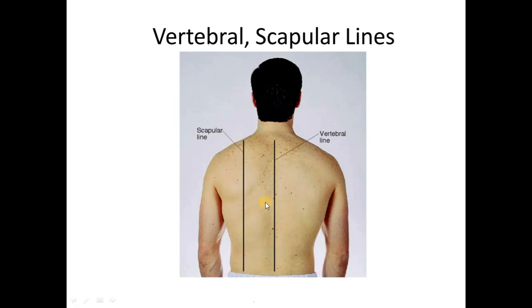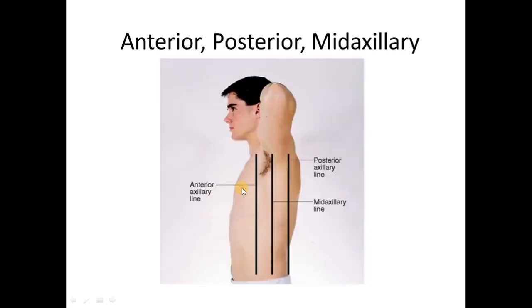In the back we have the vertebral line that crosses the center of the vertebra, and the scapular line in the middle of the scapular spine.